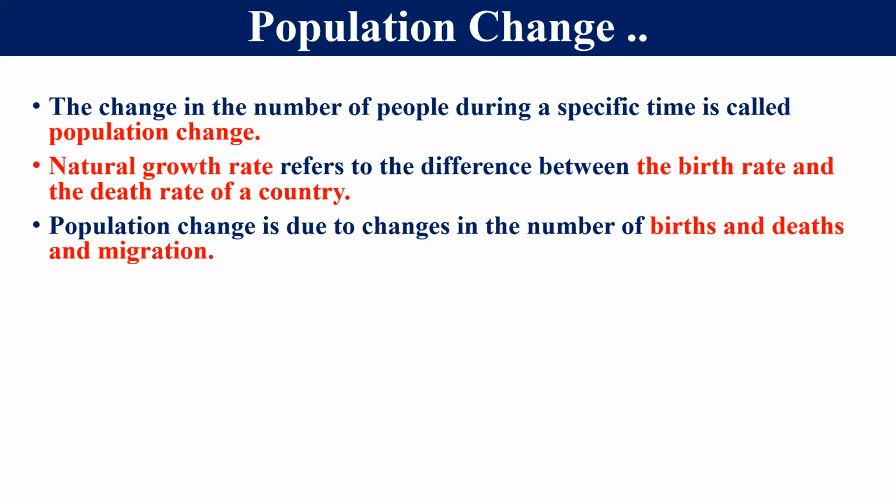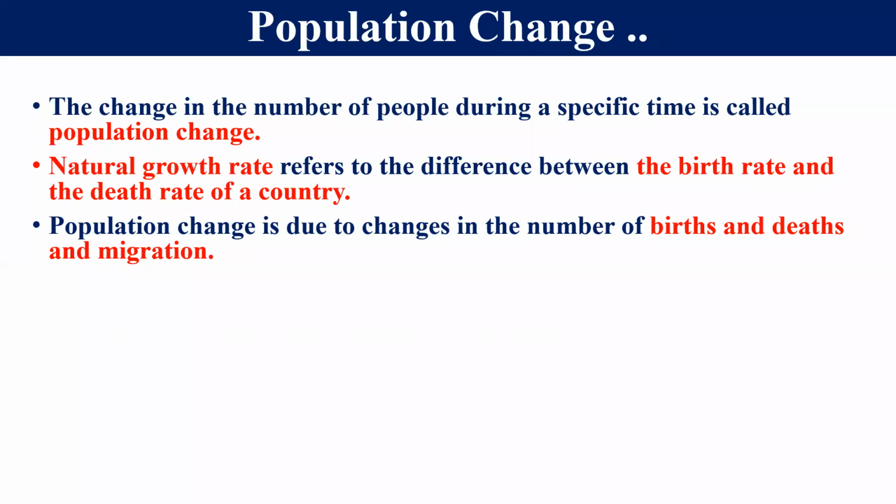Then there would be a natural growth rate. It means in a country, when the birth rate is more than the death rate, the difference between these two is called the natural growth rate.